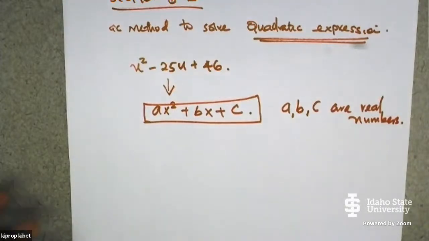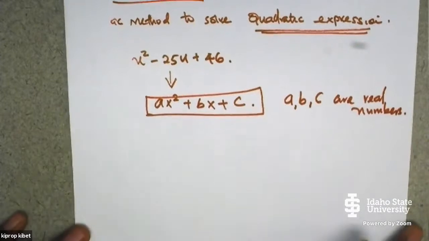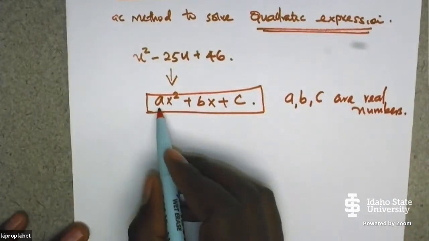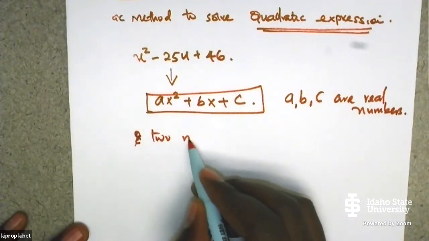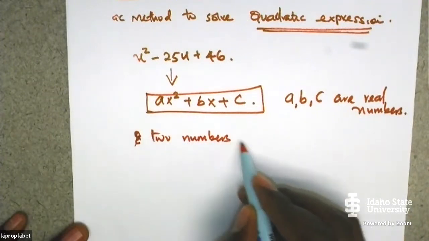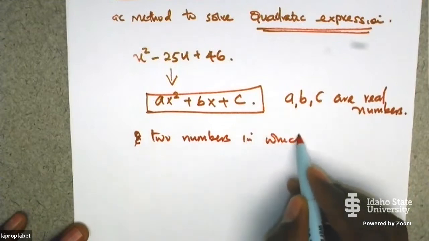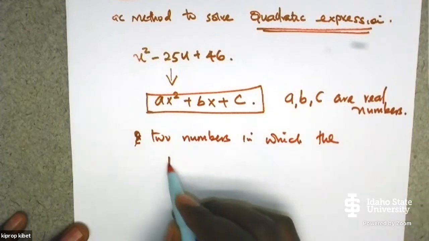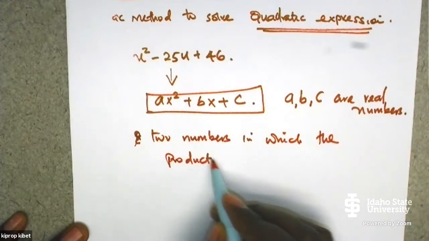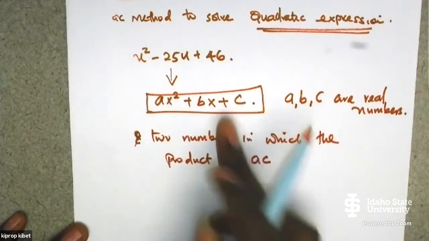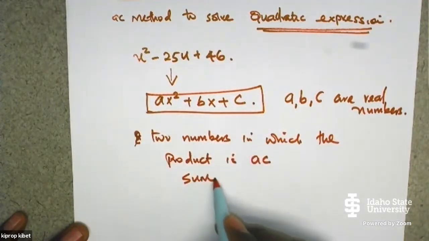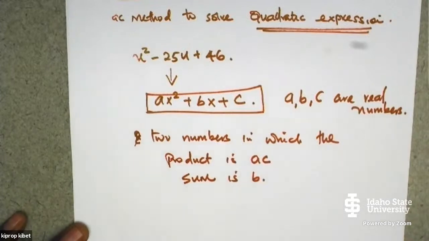Now, when we say AC method, here we mean we get two numbers in which the product is AC, A and C, and the sum is B. So B can be negative or positive.